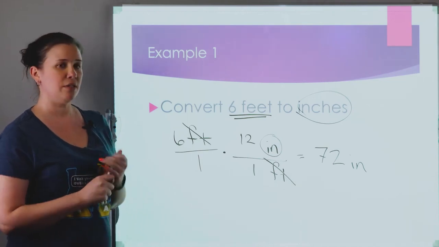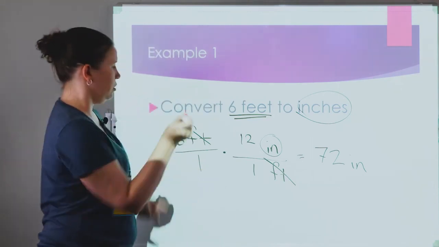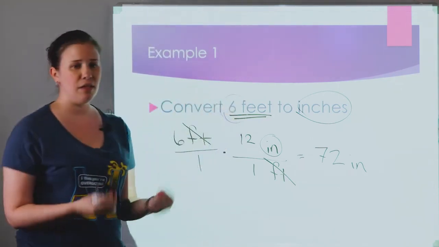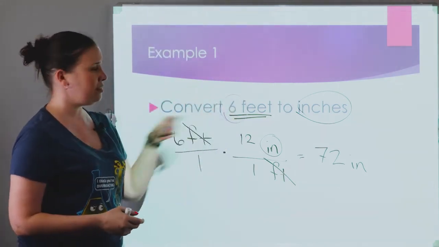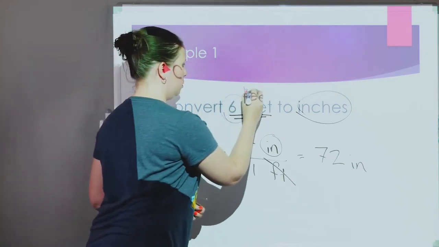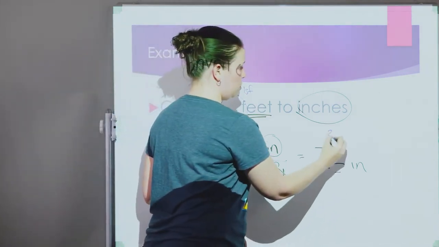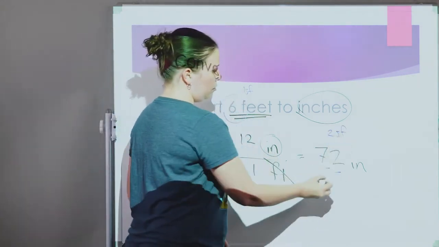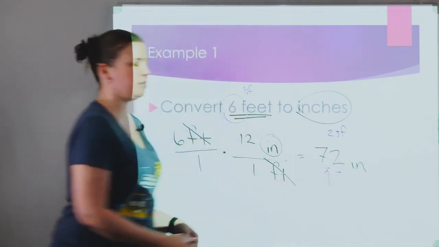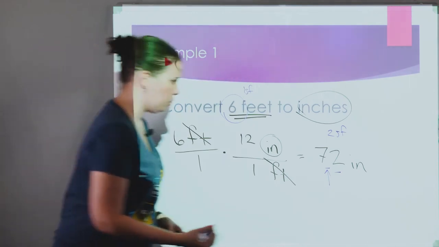But now let's think about significant figures. We can't end up with an answer that's more precise than the given information. So if the given information only has 1 significant figure, I can't end up with an answer that has 2 significant figures, meaning I need to round this to this 7 position. Now, does the 2 make the 7 round up? No, it doesn't.